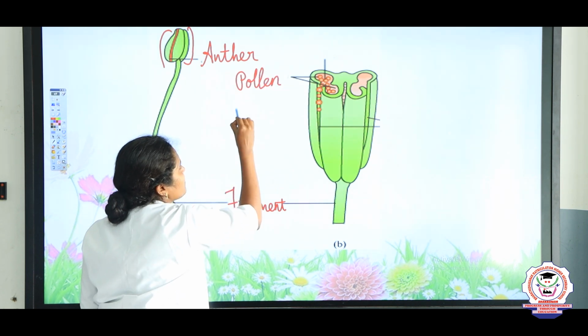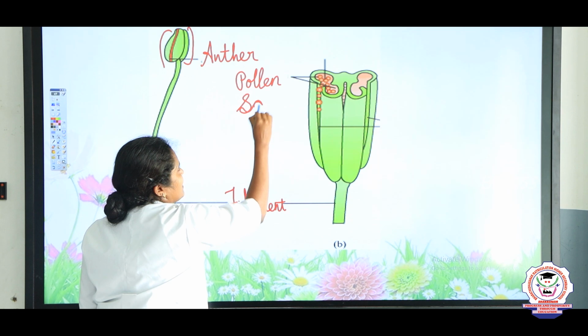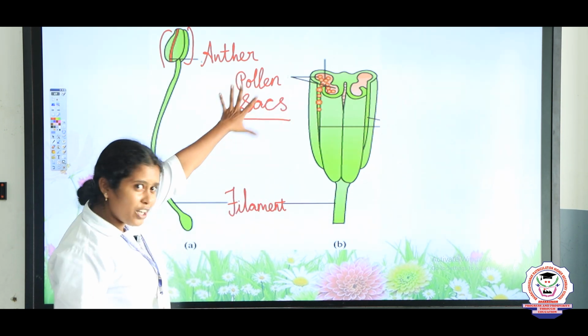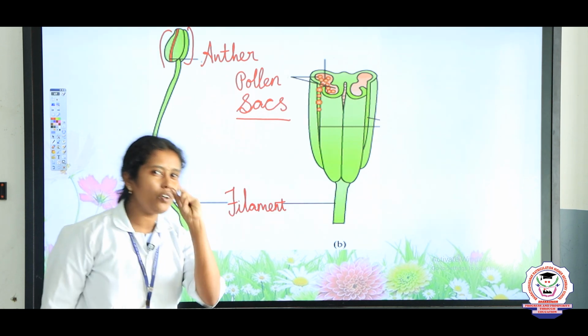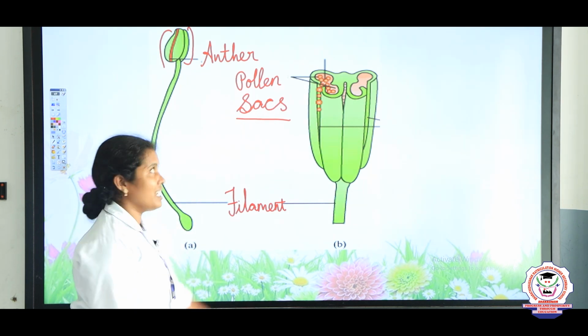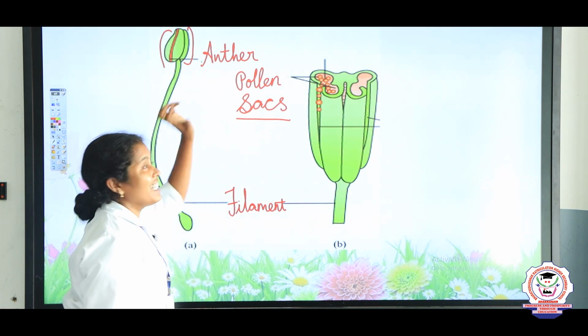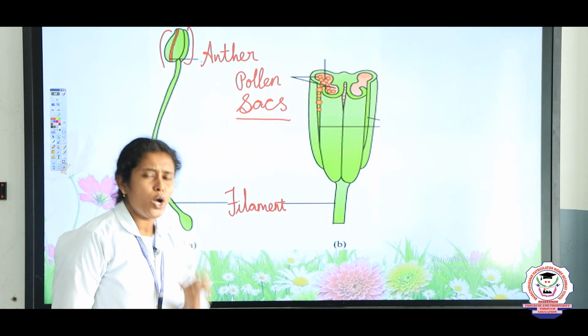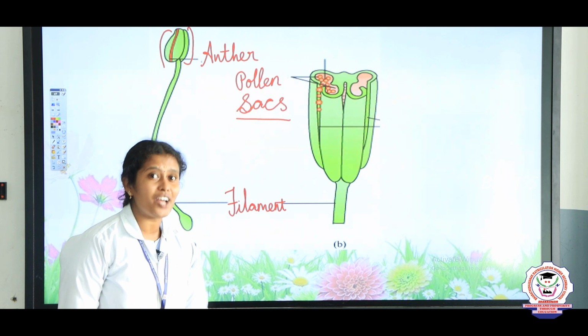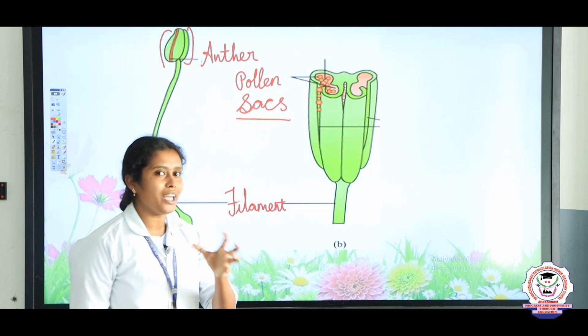P-O-L-L-E-N. Pollen. S-A-C-S. Pollen sacs. Okay, inside the pollen sacs, a powdery granular structure is present. That structure is called pollen grains. Pollen grains produce the male gametes during fertilization.